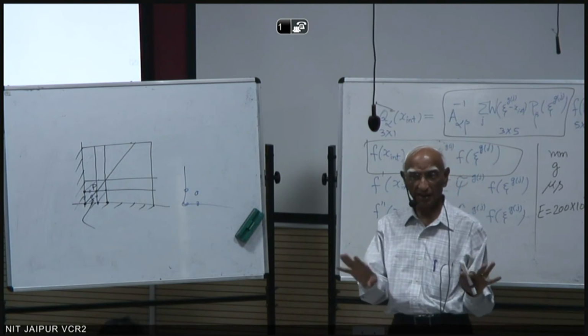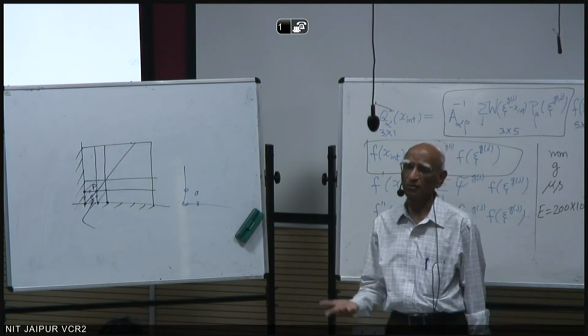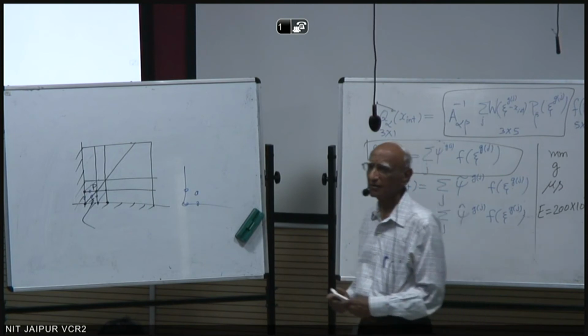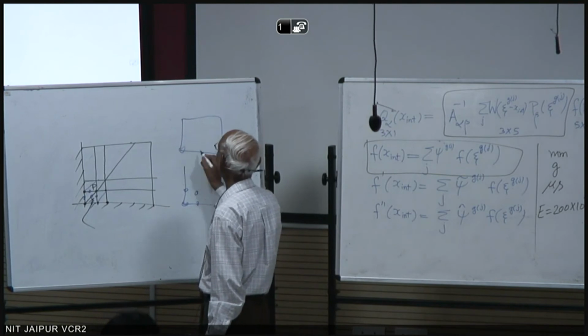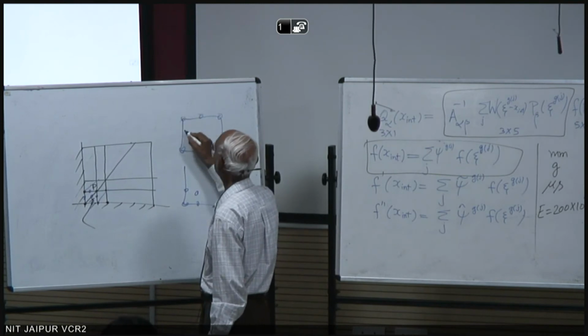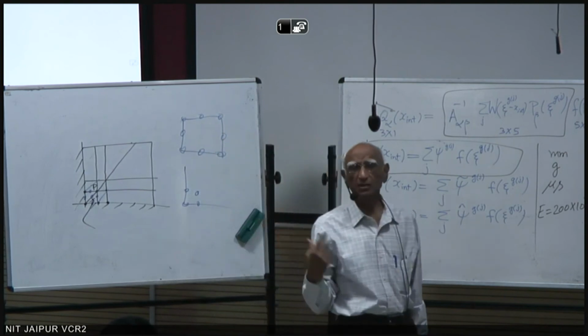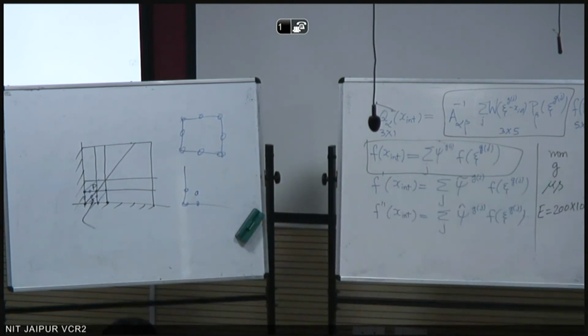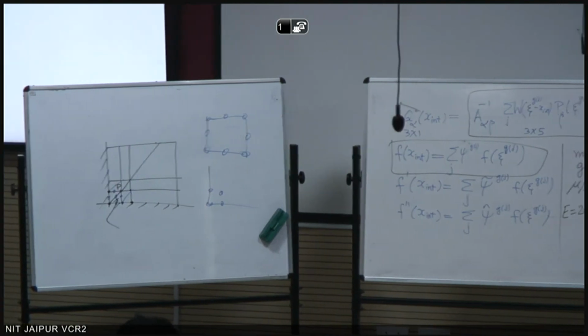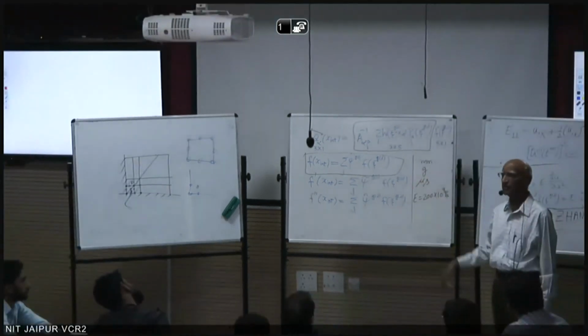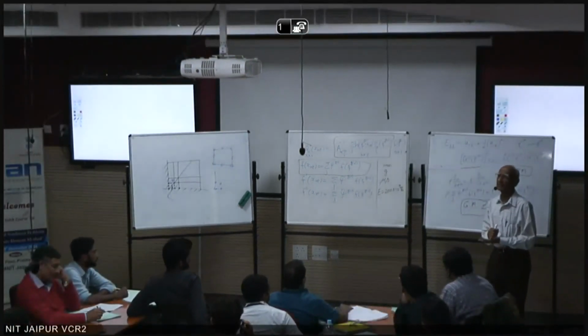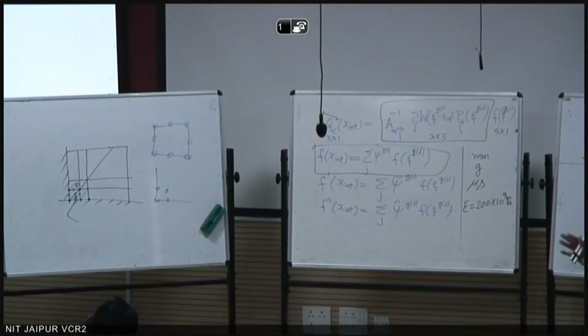I did not say I will not have that issue. 800 is good enough. You look surprised. It's very commonly used, 800 elements. No, there's no problem. You have notes that Professor Dinesh Kumar emailed to you. It has shape functions for these 800 elements. So there's no problem.